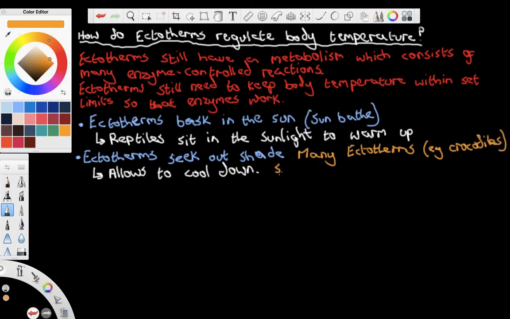switch between land and water to regulate body temperature.